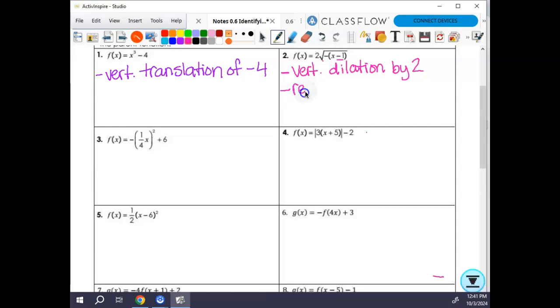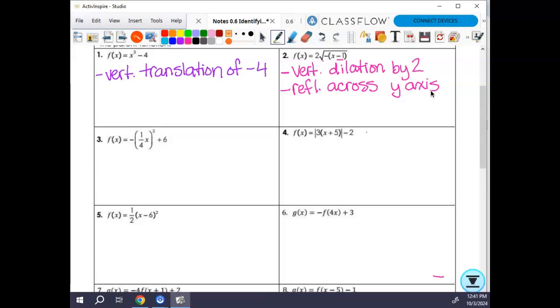So I know that this is a reflection across. All right, so since that negative sign affects x, what are we reflecting across? Y. Very good. Across the y-axis. Okay? We okay with that?